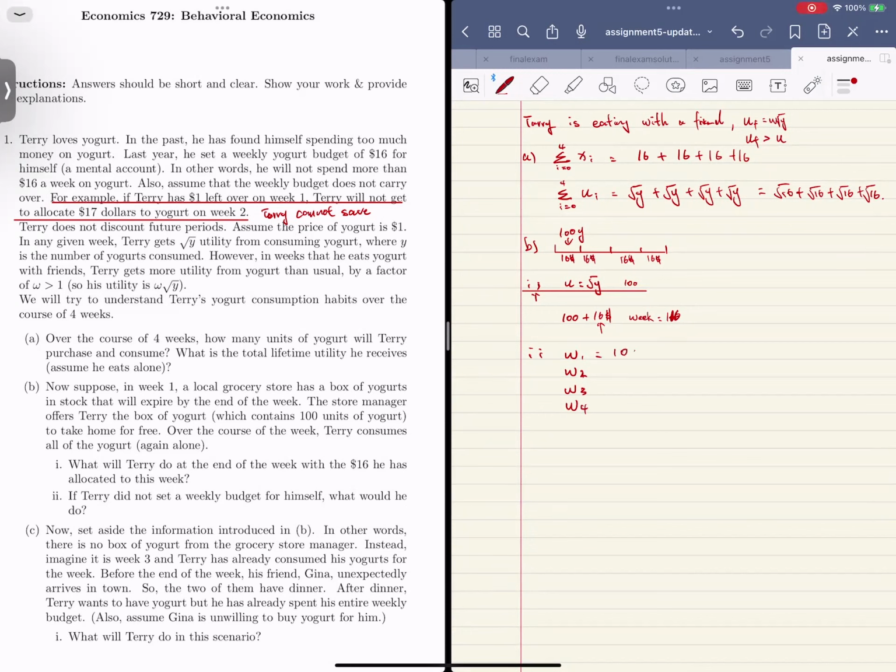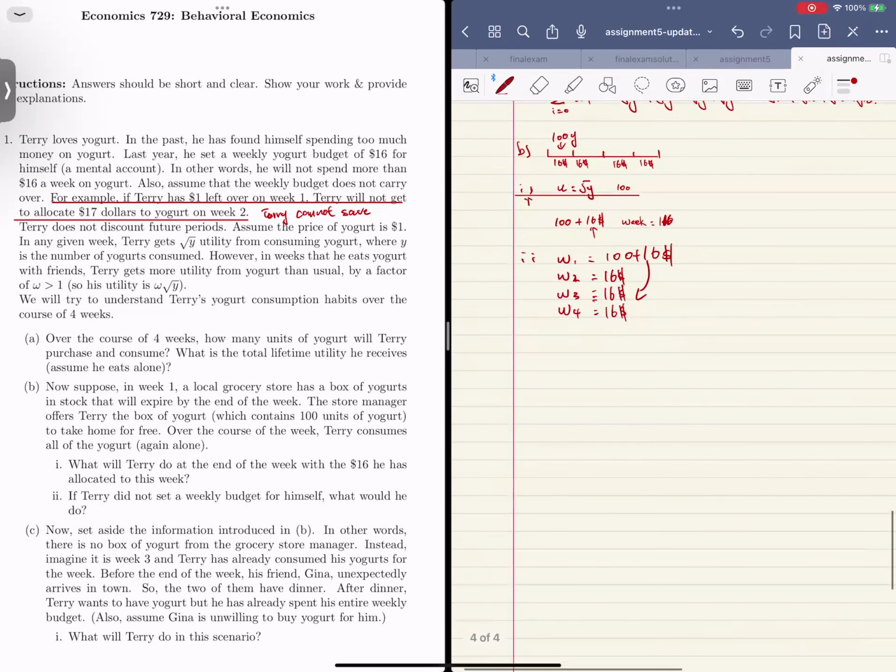If you have 100 units, then Terry will evenly distribute the $16 from week 1 to all 3 other weeks. That's 2I. If he does not have mental accounting, if he does not reset, then that means he can save for the future. So he can save this $16 and evenly distribute it to the next 3 weeks.